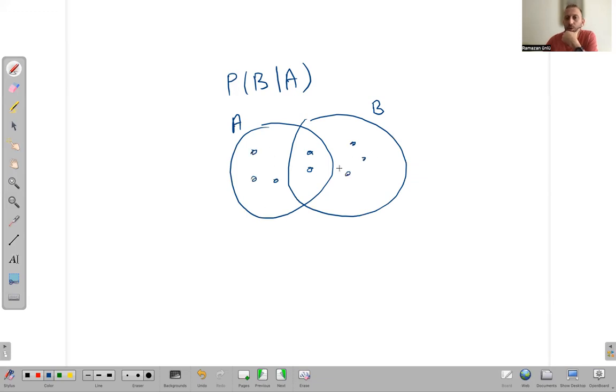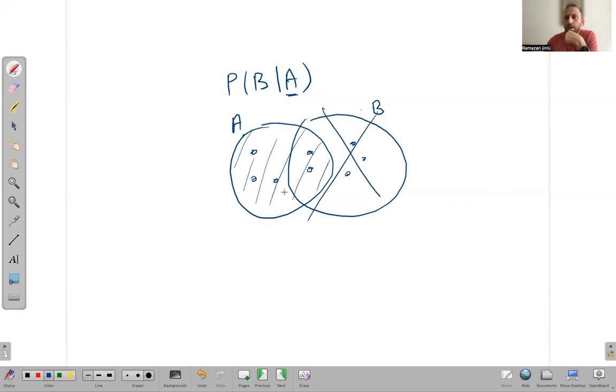What are we given? We are given that we look at the points only in region A. So I will look only at this region and can disregard this part.